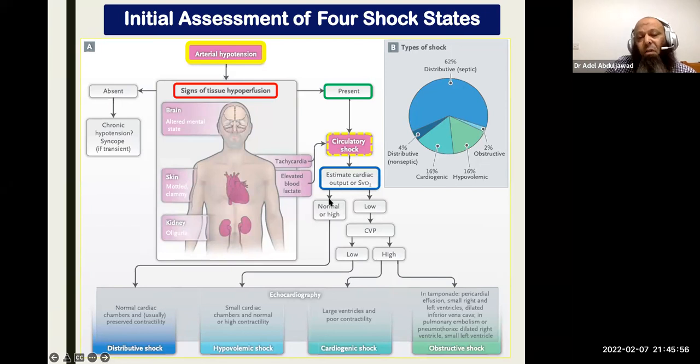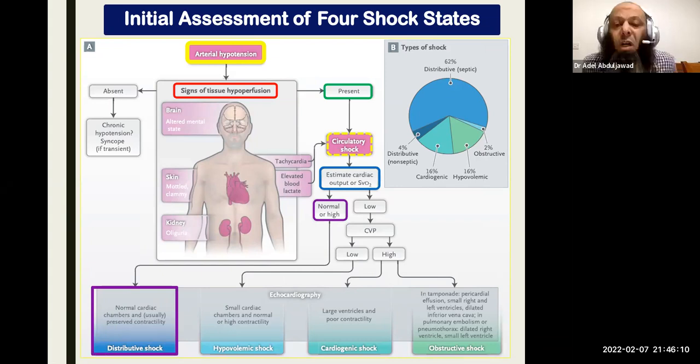The data is now in your hand. If the cardiac output is normal or high, or the central venous saturation is normal or high, this is a picture of distributive shock.